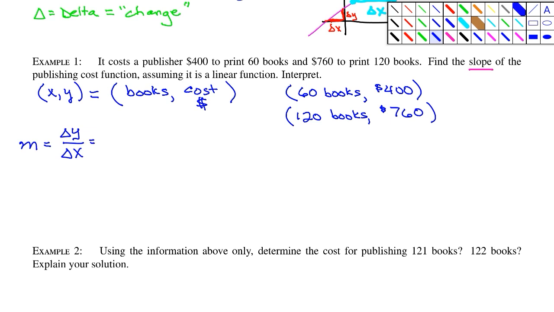So I'm going to take the difference in the y's. So it's going to be $760 minus $400. And notice that I'm including the units here, and I'm doing that for a very specific purpose that I'll show you in a moment. Divided by 120 books minus 60 books.